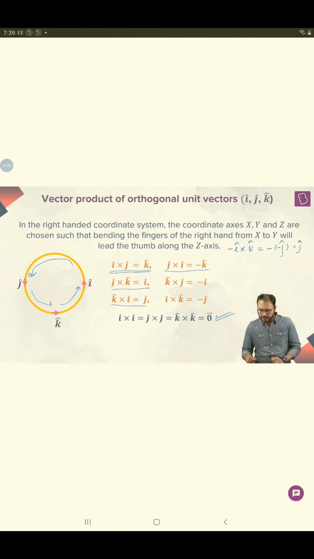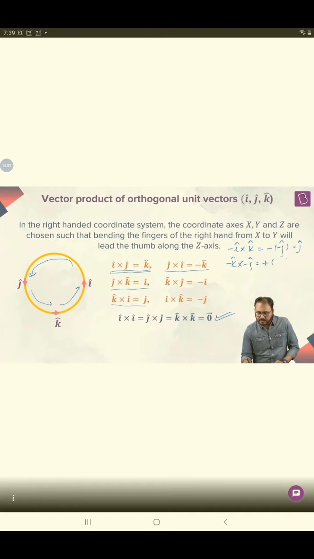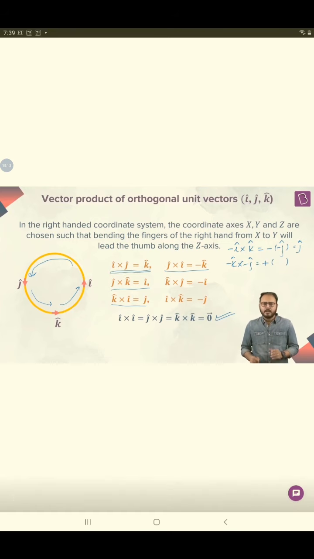One more time. Minus k cross minus j. Tip number 1: take care of the signs first. What is minus times minus? Plus. Tip number 2: k and j, write the third guy.